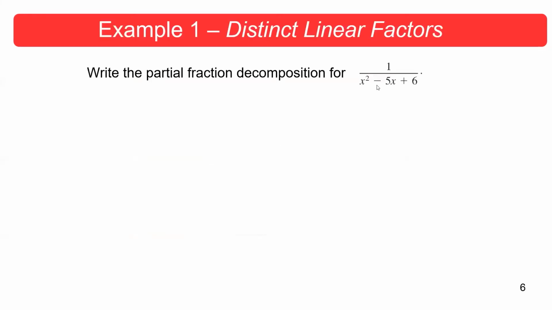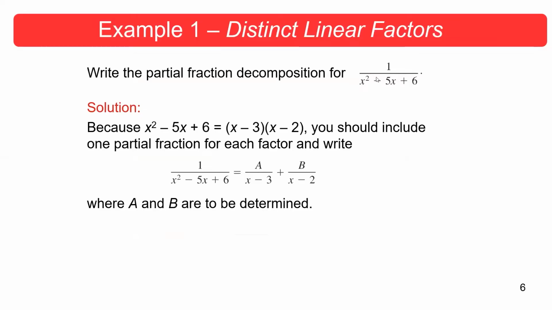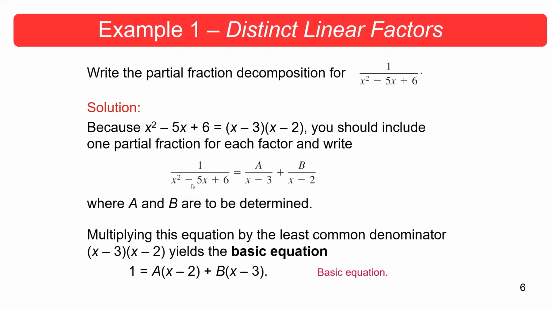So for linear factors, let's have this. You can factor the denominator as x minus 3 and x minus 2. So that means for each of the denominators, you will assign a letter on top. Let's just say A, this one's B. And then you can solve for A and B by multiplying everything with the least common denominator.